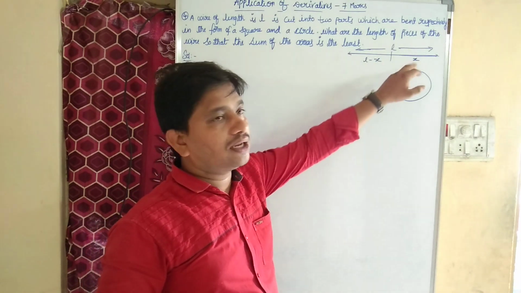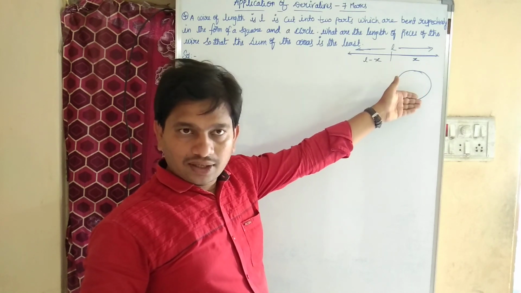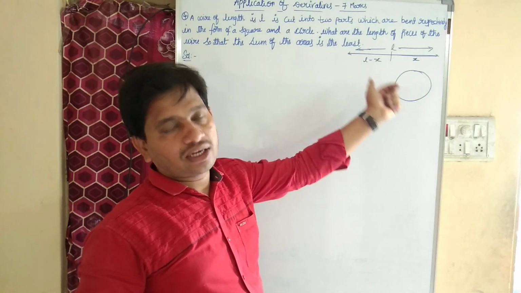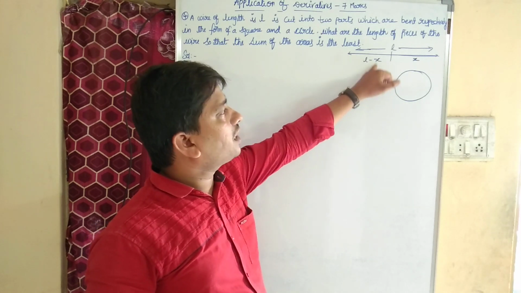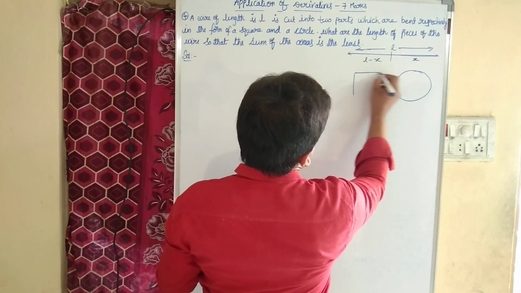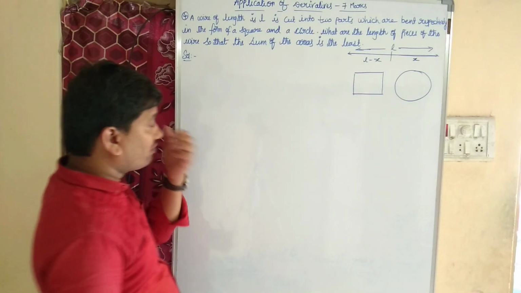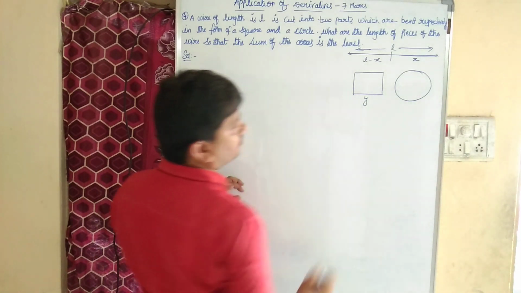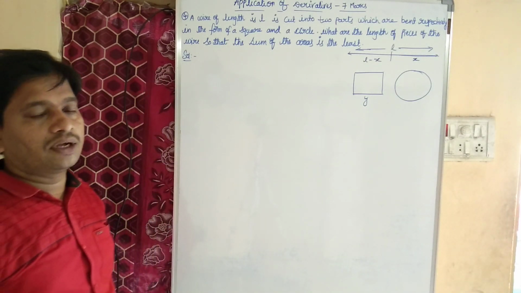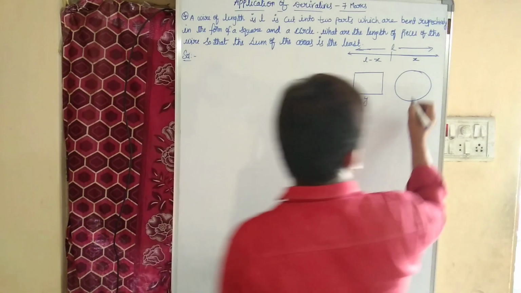Because total length is L, we are considering x units as the circumference of the circle. Then the remaining length is bent in the form of what? Square, right? This is our square. Let the side of the square be y units. Now this is our radius.